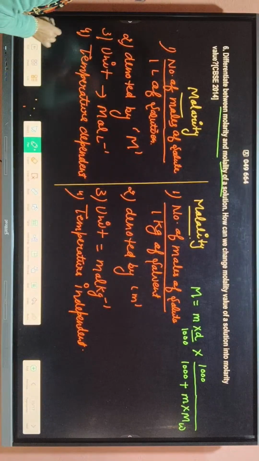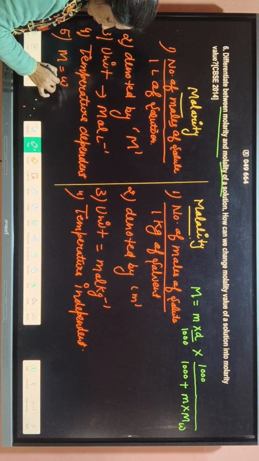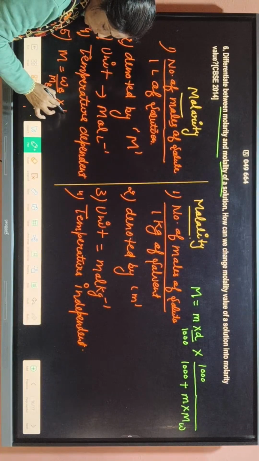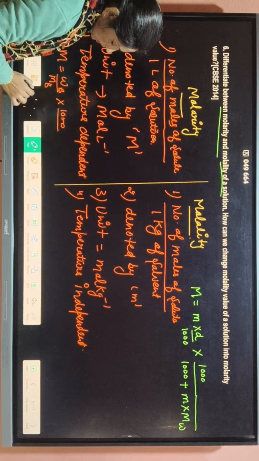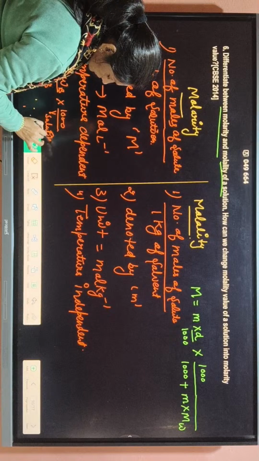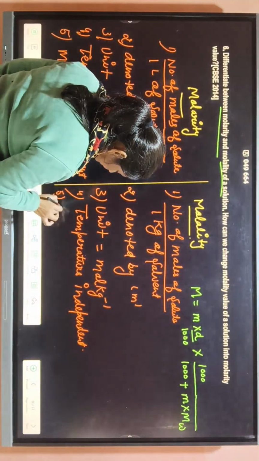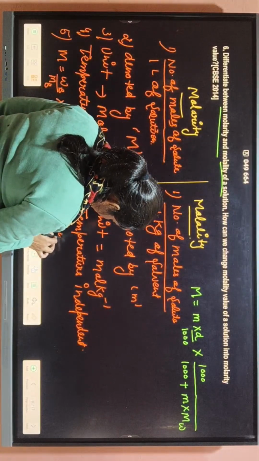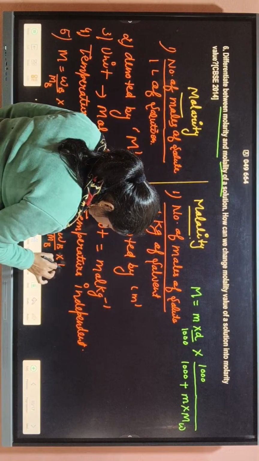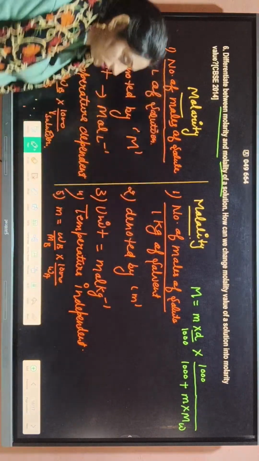Molarity can be calculated using the formula: given mass of solute by molar mass of solute into 1000 by given volume of the solution. Molality can be calculated by the formula: given mass of solute divided by molar mass of solute into 1000 by given mass of the solvent.